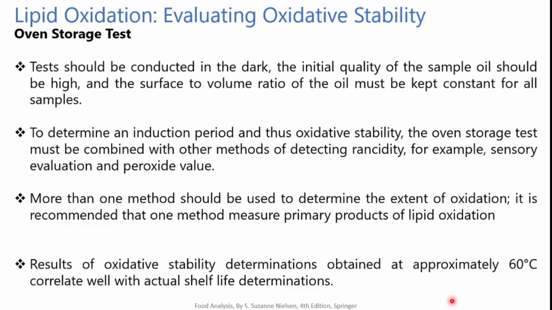The results of oxidative stability determinations obtained at approximately 60 degrees Celsius correlate well with actual shelf life determinations. So that is the temperature parameter which should be applied during oxidative stability study.